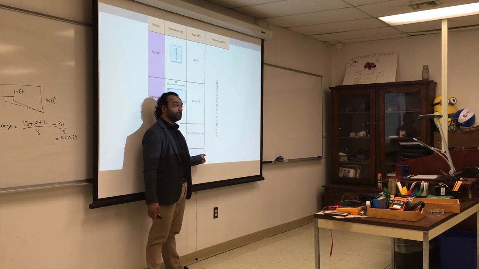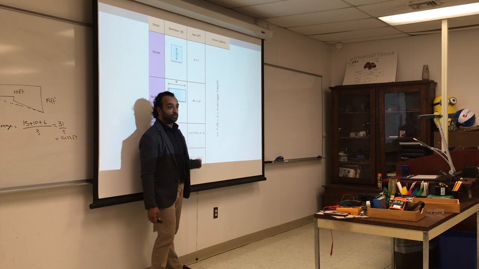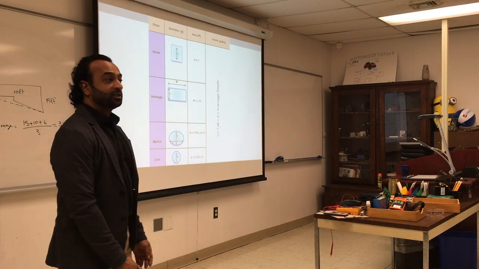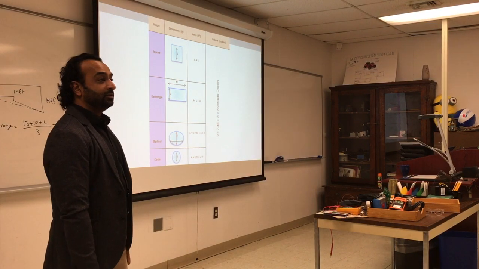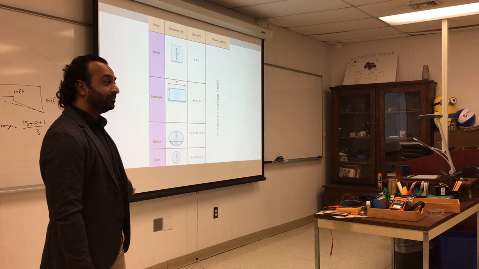R is the radius, which is d over 2, and 2 squared is 4, so this is this number. Circle, elliptical. It's in the book. It's an open book, so at least you know where it comes from.